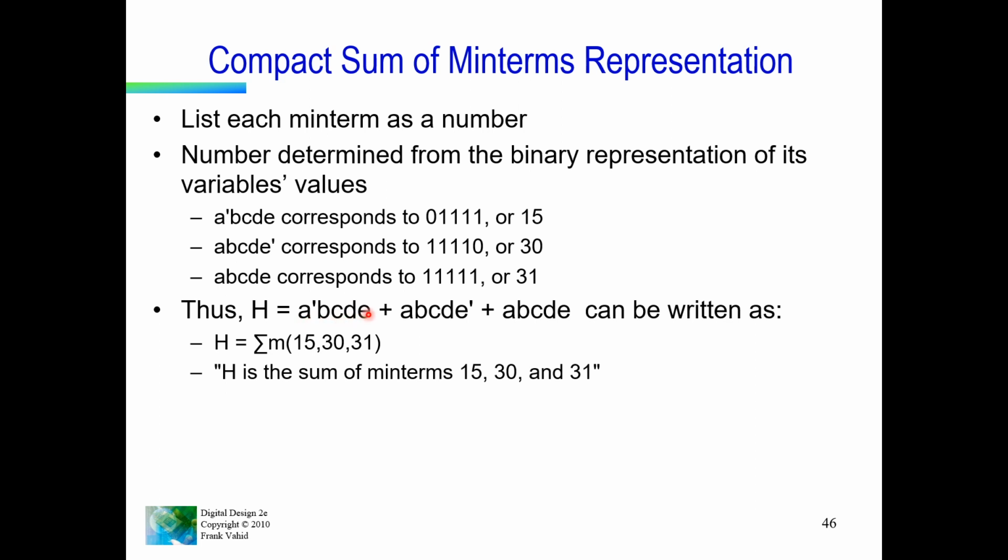So this means that this corresponds to 15 as number, and this corresponds to 30, and this corresponds to 31. So instead of writing such a Boolean expression, our canonical form can be represented as the sum of these minterms, 15, 30, and 31 minterms.